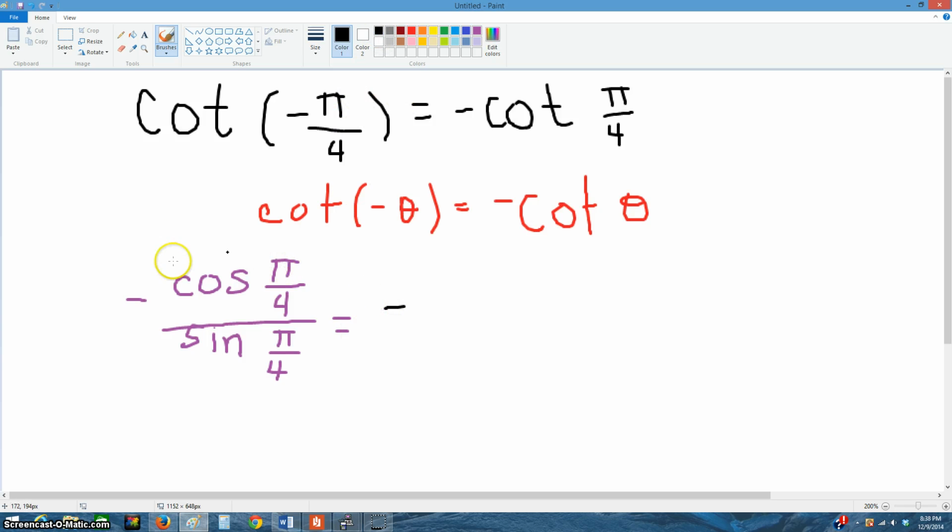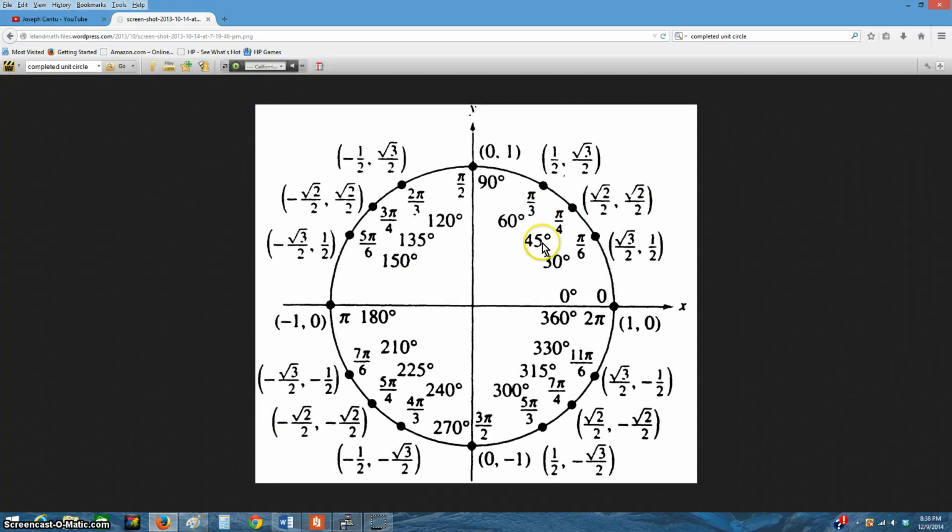Let's go to our unit circle. Cosine represents the x-coordinate, and go to pi over 4. If you're really good at your unit circle, especially because your projects are due this Friday, you should know that the cosine of pi over 4 is radical 2 over 2. If you don't believe me, I'll show you in a minute. Here's pi over 4 right here. Cosine is radical 2 over 2.